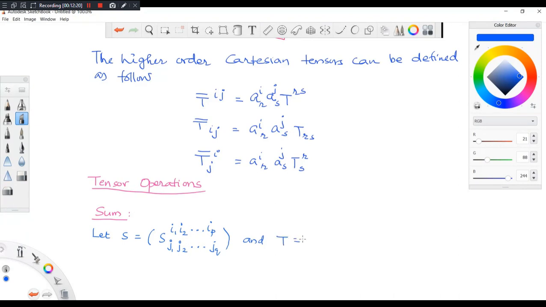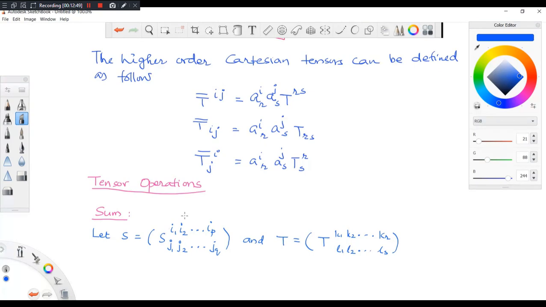And T equal to T of K1, K2, etc. KR and L1, L2, etc. LS. Okay, so these are two. So what is its rank? R plus S. 1, 2, 3 up to R upper, and S lower. So R plus S is the total rank of this.